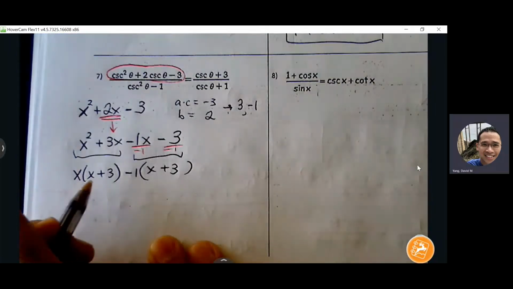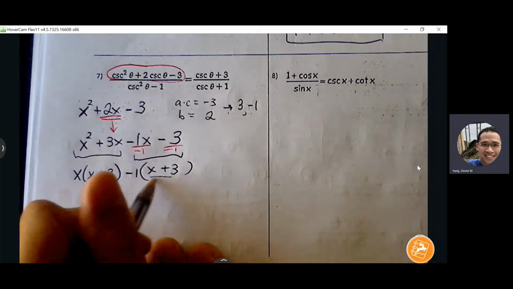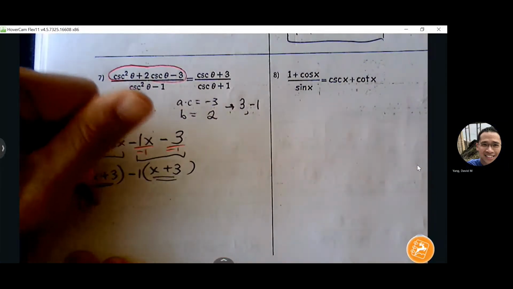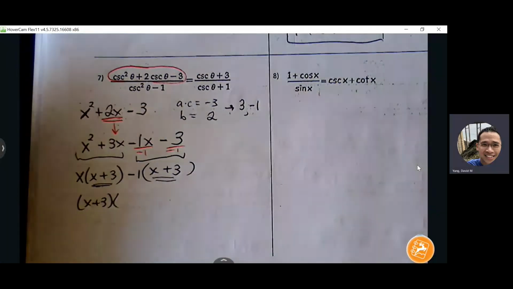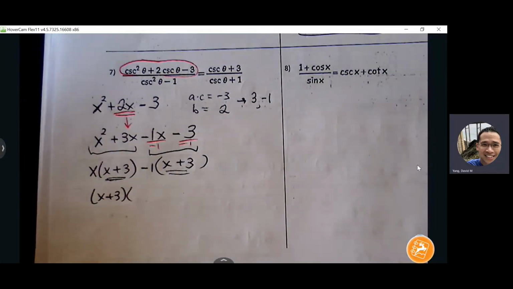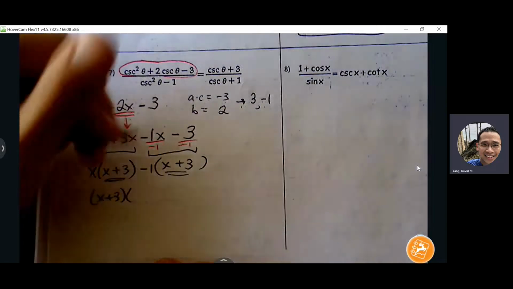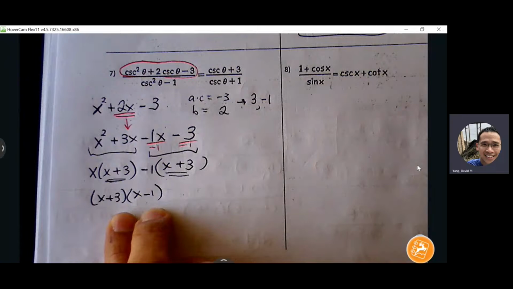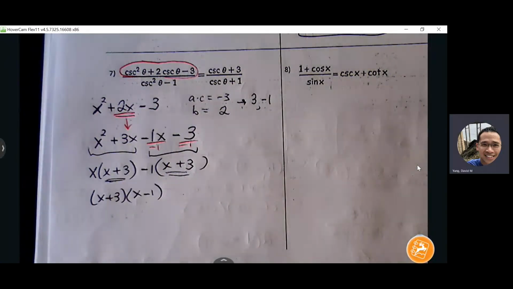Okay, you know you're on the right track if you can find a shared parentheses. So take that shared parentheses out, and then the terms that are not in parentheses will get their own set of parentheses. Okay, so there's your factored form of your trinomial.